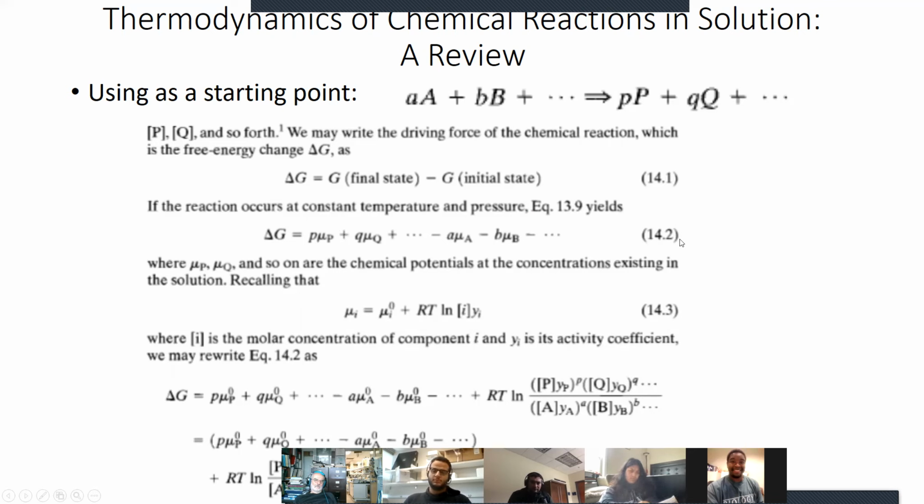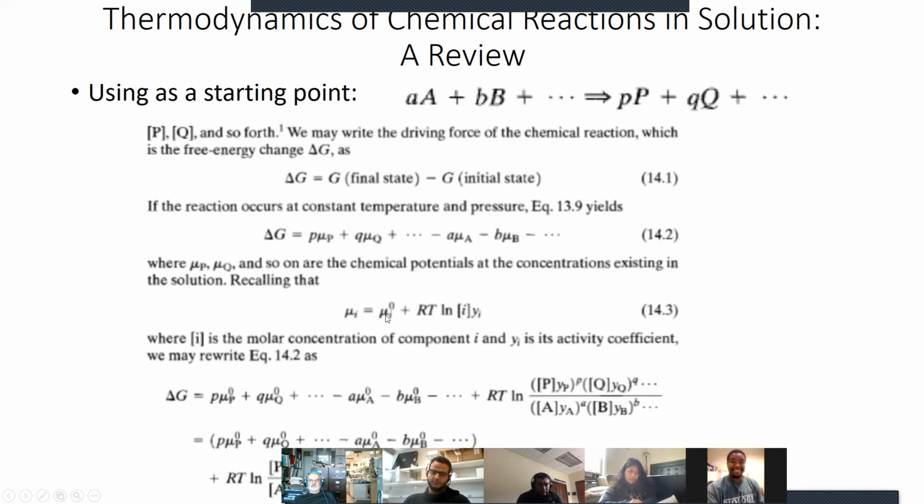I've taken this out of the book chapter, but this is similar, if not identical, in chapter 15. When you do that, you end up with these two terms for every one of these terms.